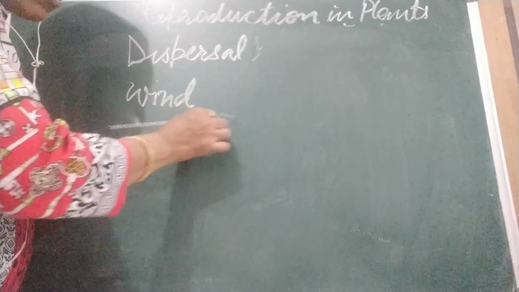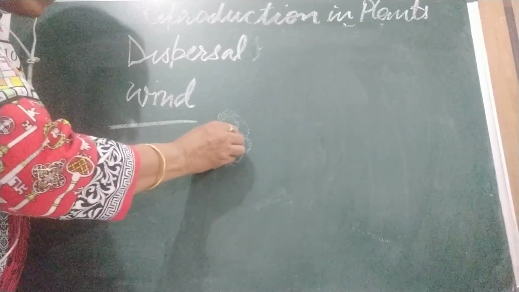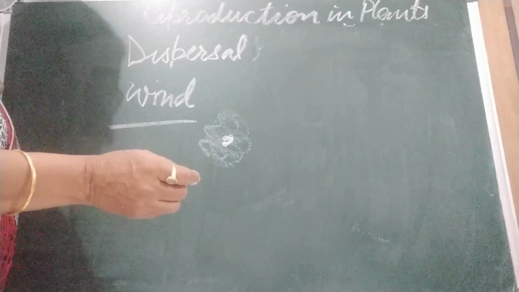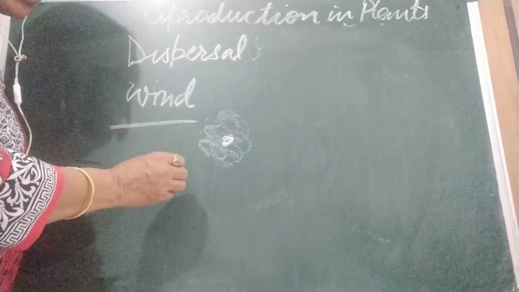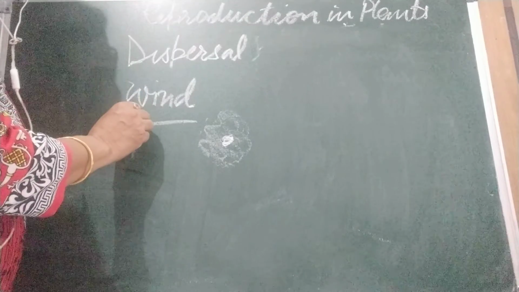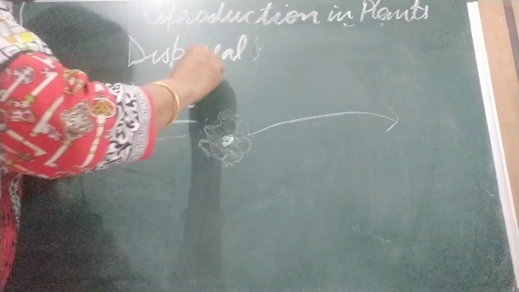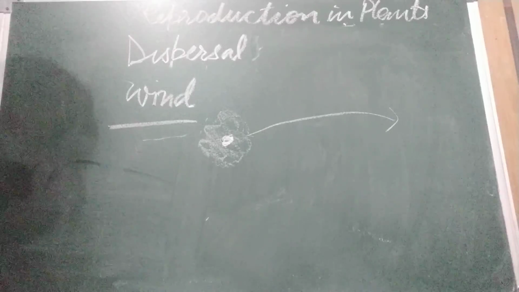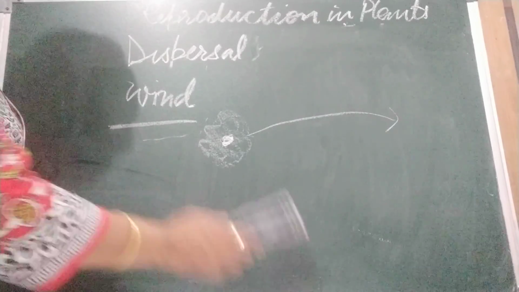You have seen cotton fibers, they have black seeds. These fibers are very light. When a gentle breeze takes place, they move from one place to another. Dispersal will take place.